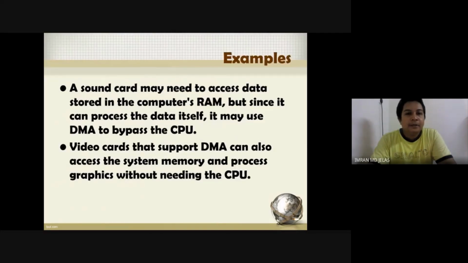Okay. For example, a sound card may need to access data stored in the computer RAM, but since it can process the data itself, it may use DMA by bypassing the CPU. A video card that supports DMA can also access the system memory and process graphics without needing the CPU. That's why some video cards or graphic cards come with their own processor, so they can manipulate data themselves.